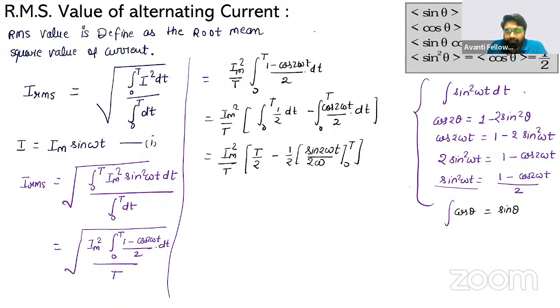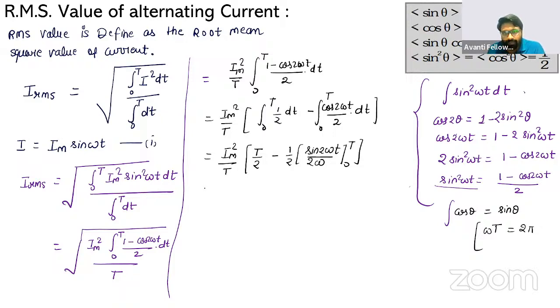Again, we will play with this formula, which is omega times capital T equals 2 pi. Either you can put the value of t in terms of omega and 2 pi, or you can put the value of omega in terms of t.